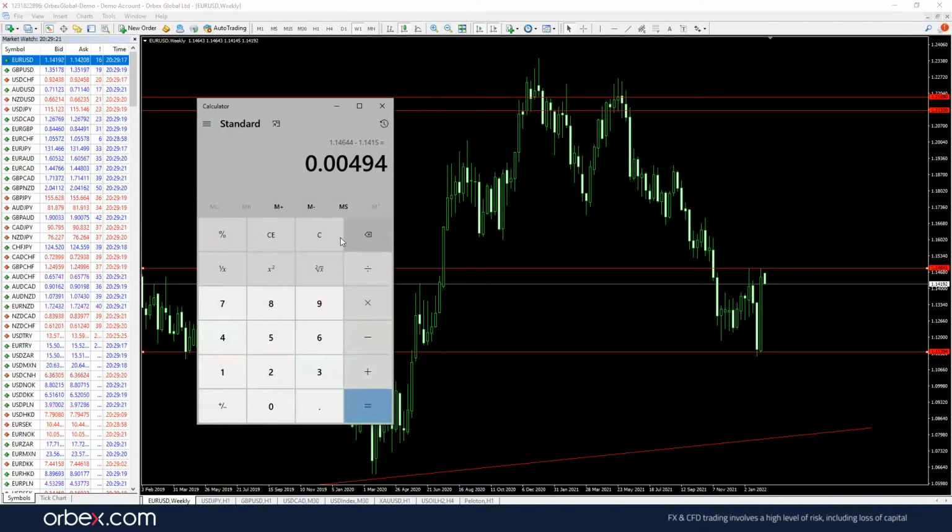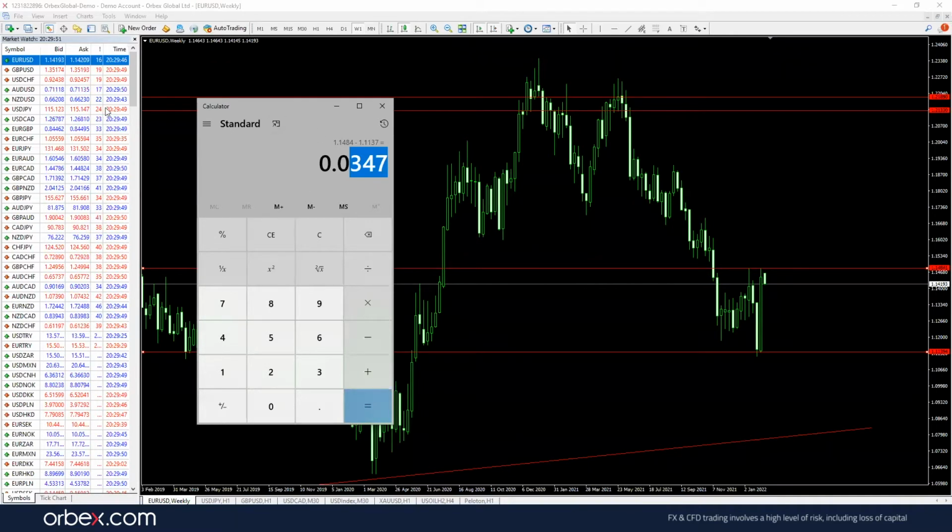So 1.1484 minus 1.1137. As you can see here, there's no fifth digit; this is the fourth digit. So in a given week, the market moved 347 pips.